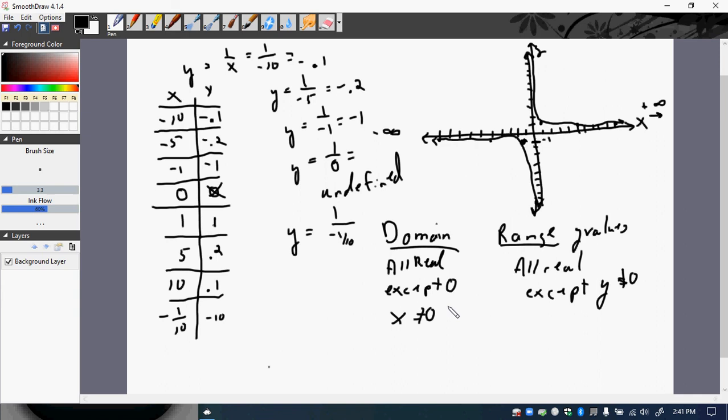Okay. So then, now the next thing we want to talk about that's new is called an asymptote. So let's put that down here. So an asymptote.